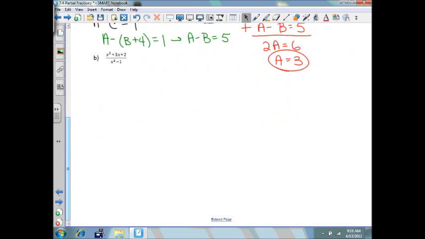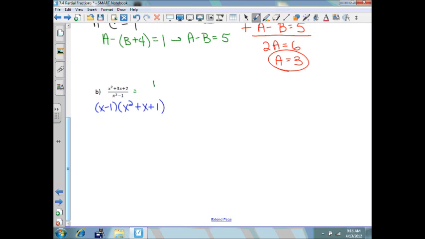Now moving on to example B, we have x cubed minus 1. So this will really factor to x minus 1 times x squared plus x plus 1. There's your irreducible quadratic factor.